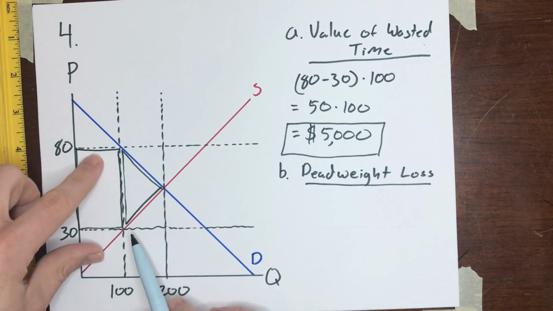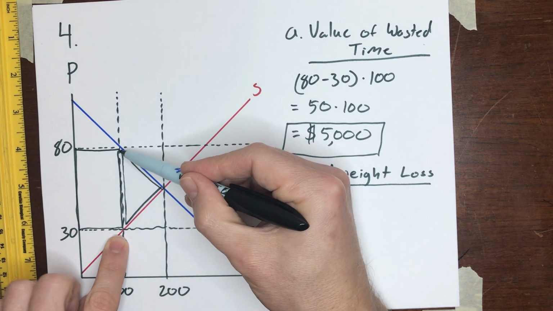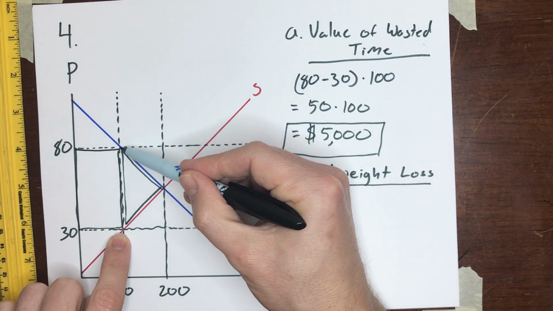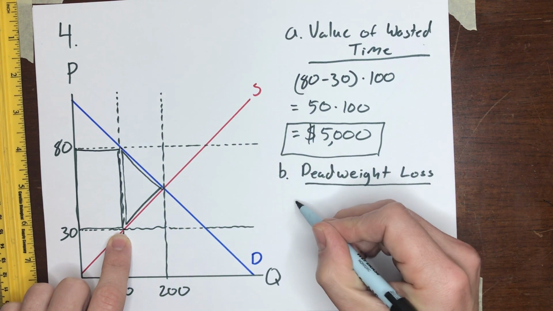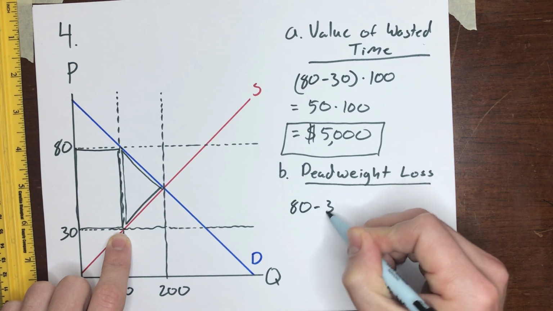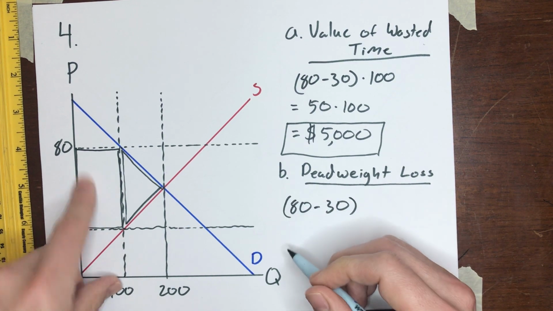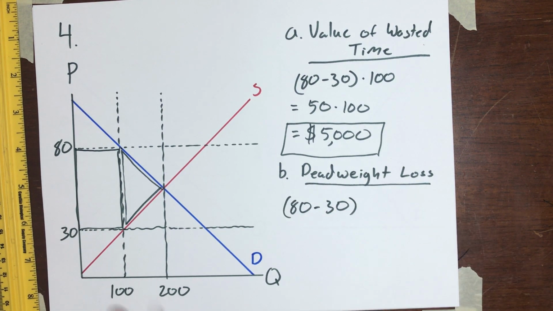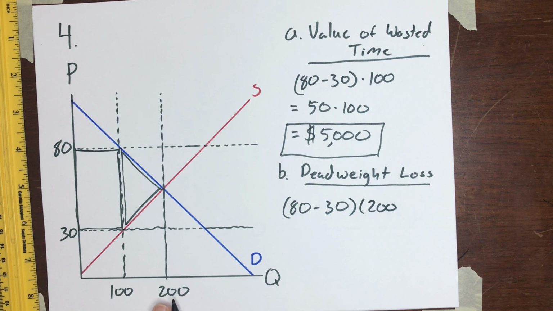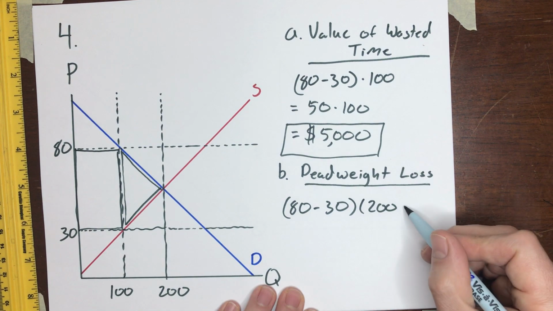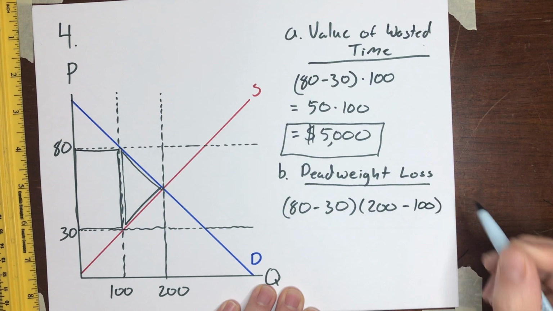And so the deadweight loss is given by this triangle right here. The area of this triangle has a height that is equal to the difference between the maximum willingness to pay and the price control. Just like the wasted time rectangle, its length is 100 units, which we get by taking the number of units that would be traded in equilibrium and subtracting out the number of units that are actually trading.